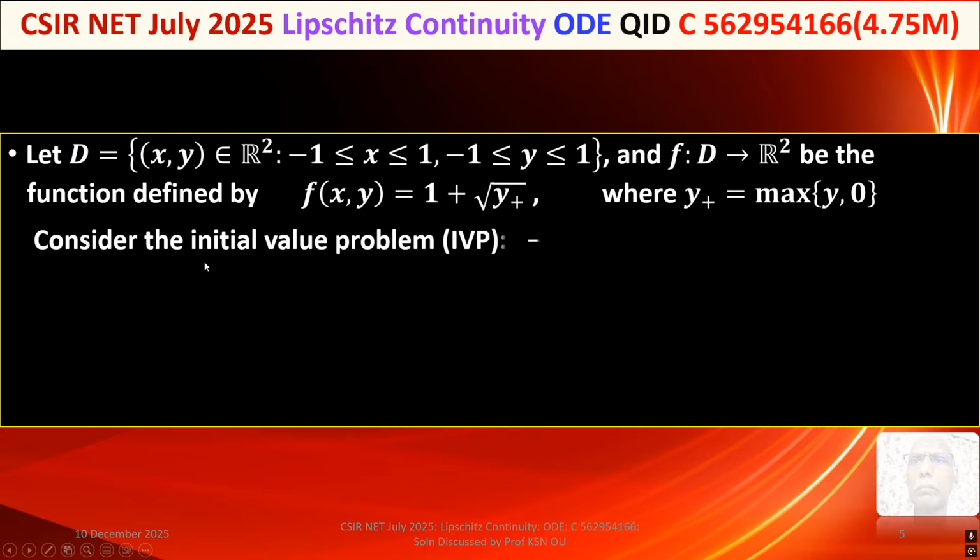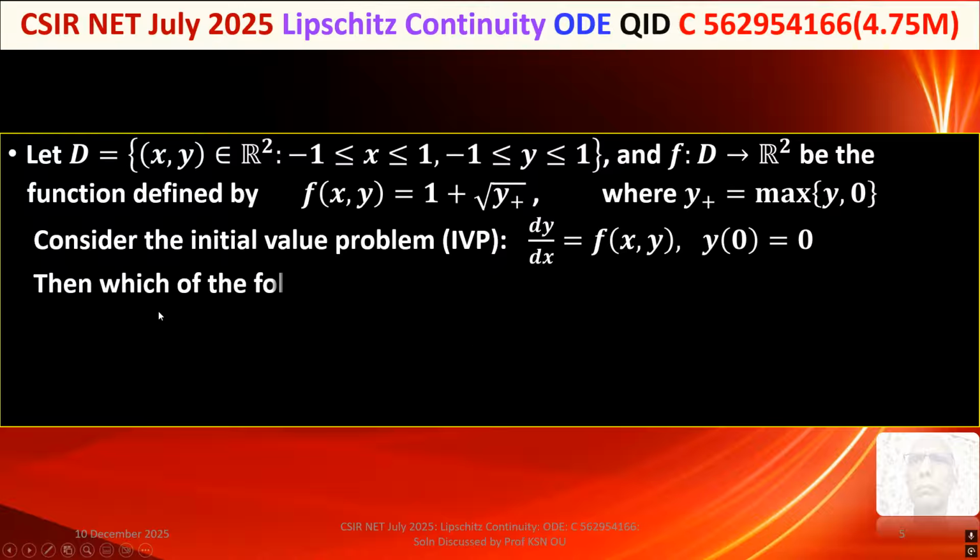Consider the initial value problem, IVP in short: dy/dx = f(x, y), y(0) = 0. Then which of the following statements are true?